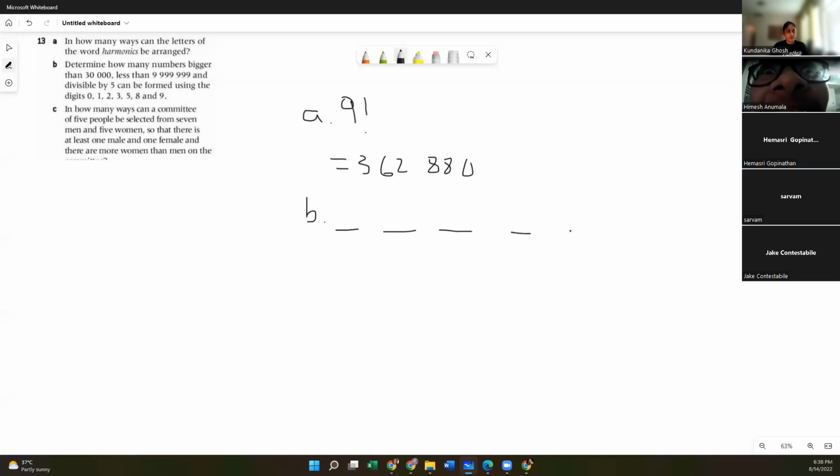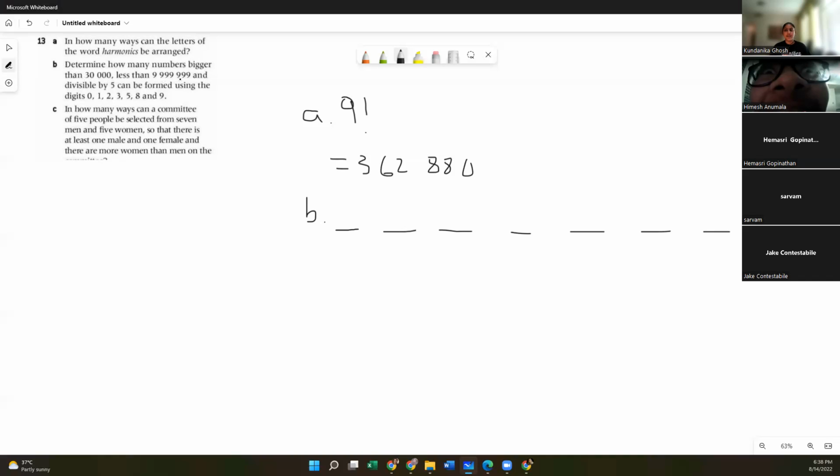Here's how I'm thinking of it. Between 9,999,999 and 30,000, you can have numbers that are 5 digits long, because 30,010 is 5 digits long.